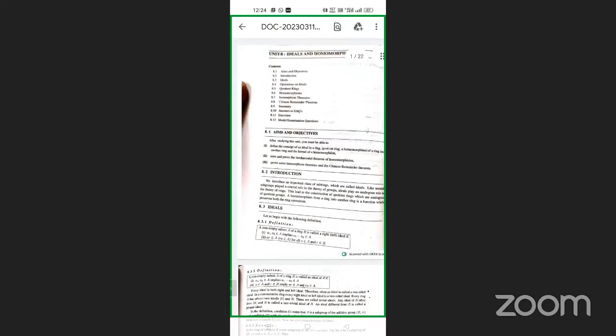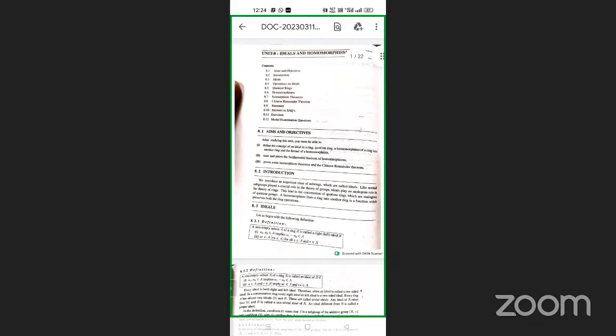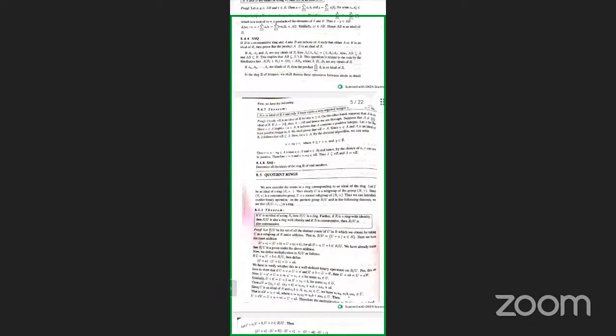Next, integral domains. So in this total 8th chapter, ideals and homomorphisms, this is a very important theorem.